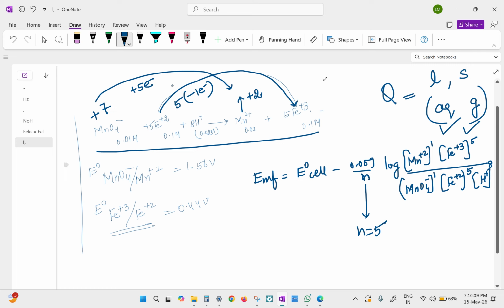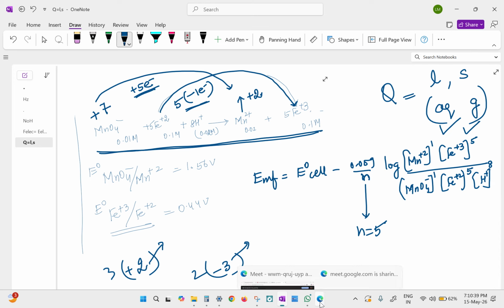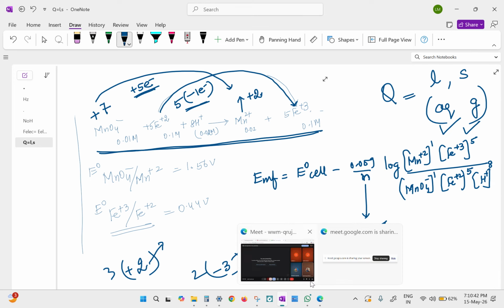Don't add up 5 electrons lost and 5 electrons gained. Whatever electrons are taken, it was lost by Fe2 plus only. So lost or gained, or take the LCM. Supposing on one end it is 2, on the other end it is 3. It's plus 2 but losing 3. Then take the LCM. This has to be multiplied by 3, this by 2. The n value will become 6. I hope this question you will not forget, right? Can I proceed? Yes, ma'am.